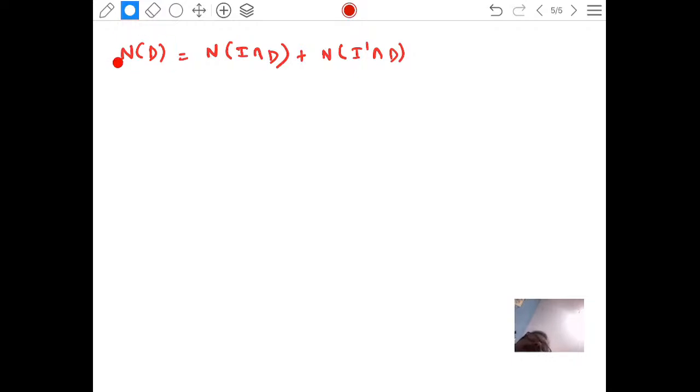In such a case we can take n of d, the number of machine parts which are defective, equal to n of I intersection d plus n of I complement intersection d, which is equal to 10 plus 5 equal to 15.